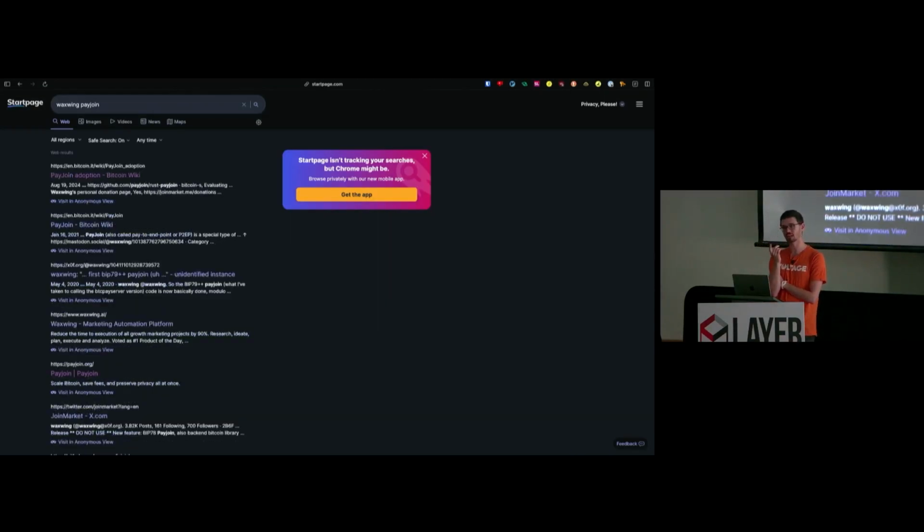Come up to me after and I can try to find where he does this, because it's on Mastodon, I think. He plays a game with people where he does a Payjoin and asks, where are the outputs going? So he's done a lot of work trying to figure out where the edges of this are.